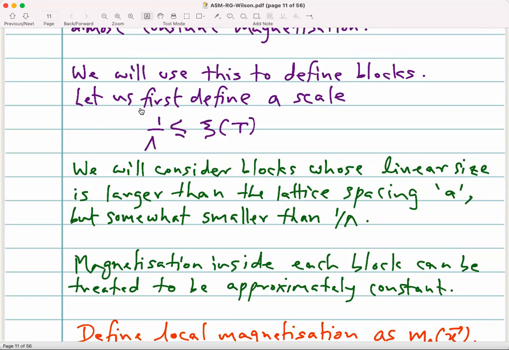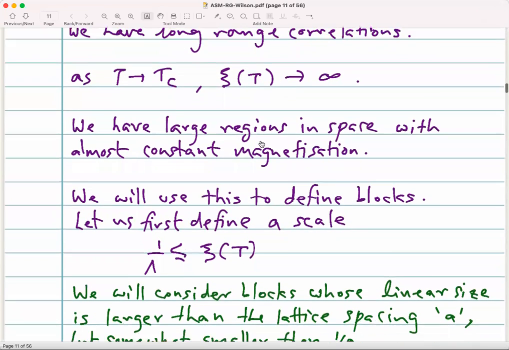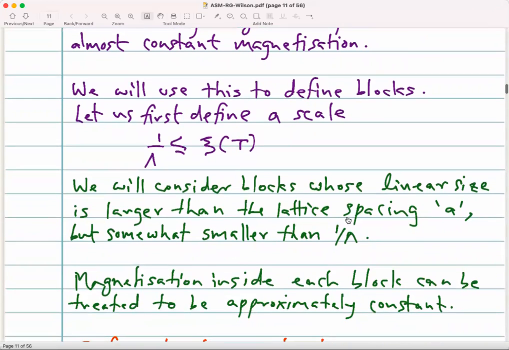So if you choose the size of the block smaller than the correlation length, then it would make sense to assume that your order parameter is roughly constant within that block. This would of course mean that if you are in the neighborhood of the critical region, then 1 over lambda is much larger than the lattice spacing. The linear size of the block is much larger than the lattice spacing.